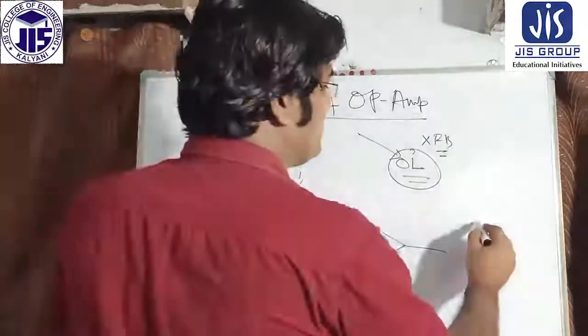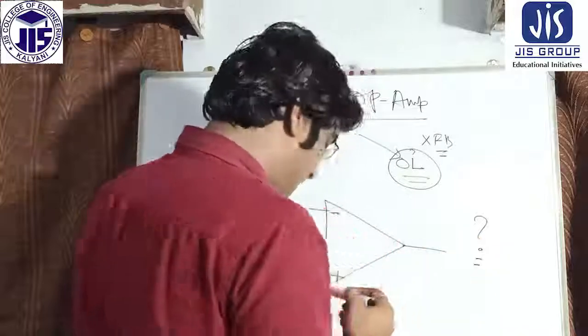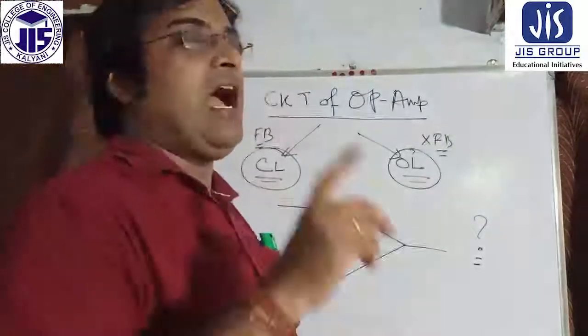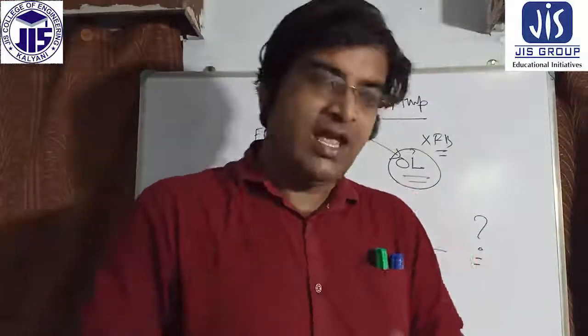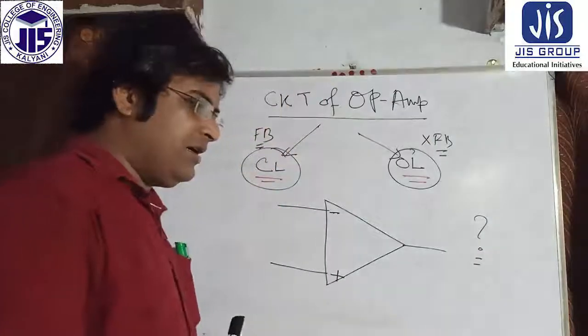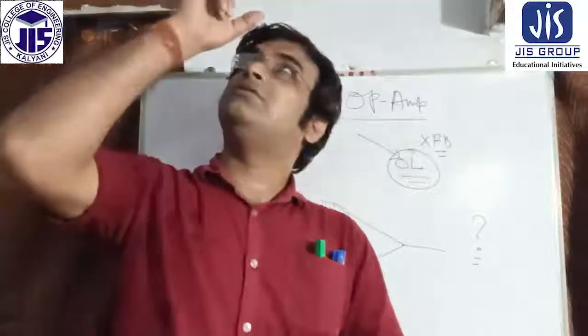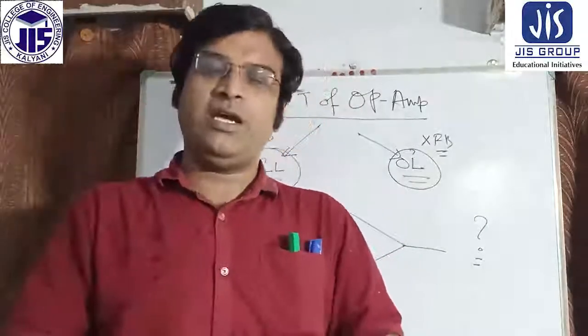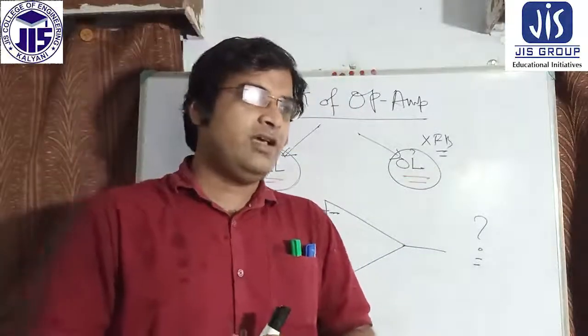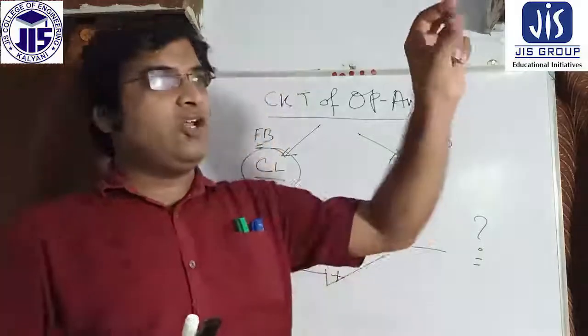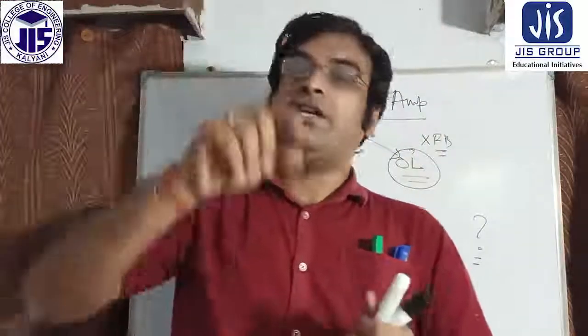Now another question arises: what is feedback? Definitely I am explaining the feedback. Feedback means, suppose a fan is rotating at the top position. There is a regulator and the fan is rotating.